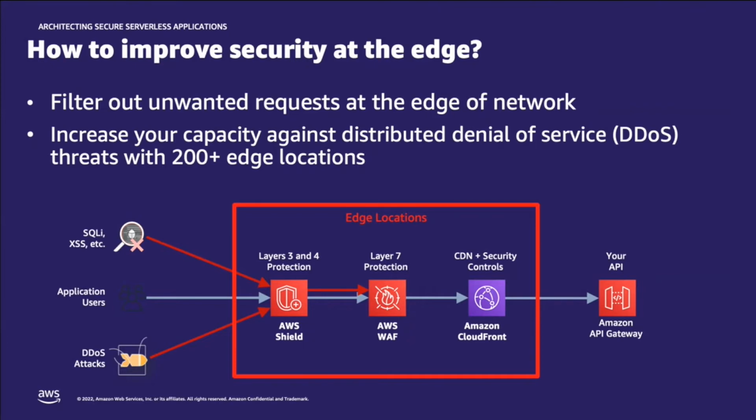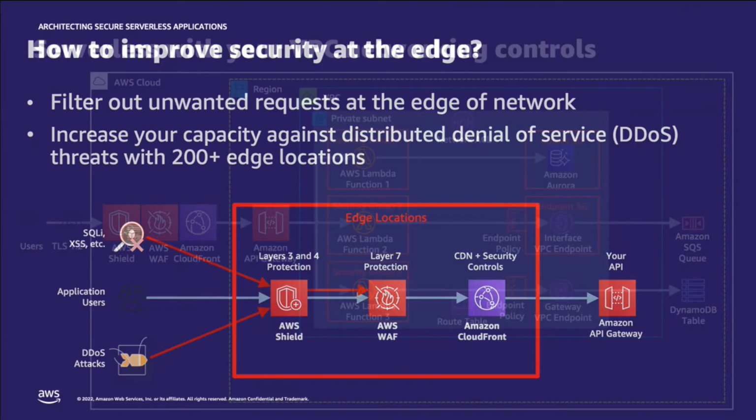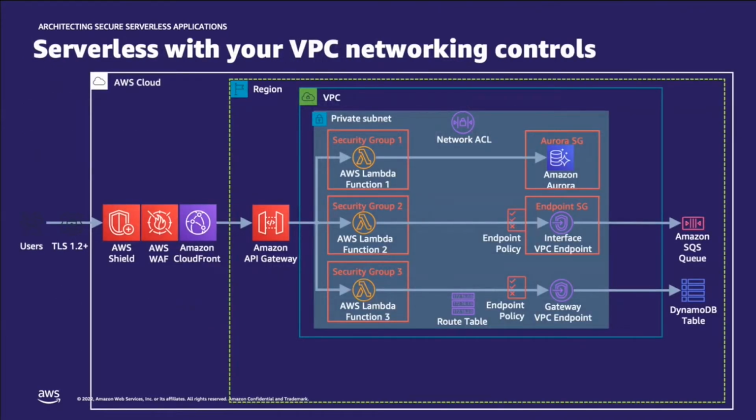Then it's really important to remember that you need to apply least privilege networking rules to your Lambda functions as well, right? So if you take a look at this diagram, you are going to notice that we have security at the edge with these three key services, right? Protecting the Amazon API Gateway, which is the door for the Lambda functions.